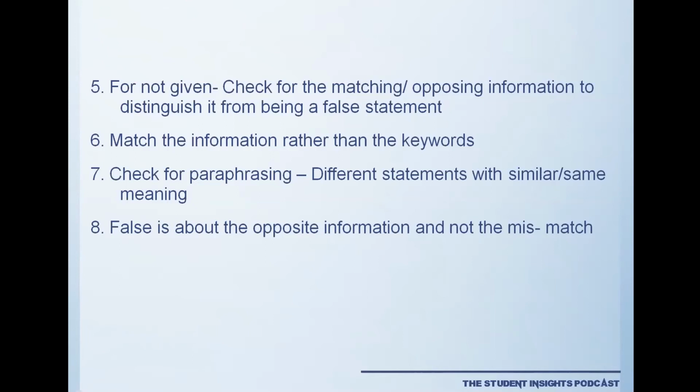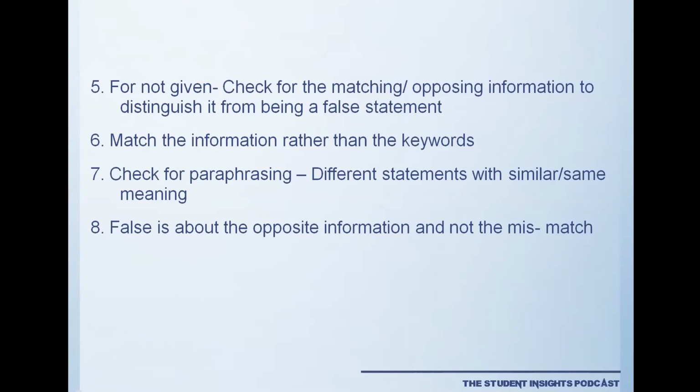So as the fifth one says, for the not given, check the matching or the opposing information to distinguish it from being a false statement. Sixth is match the information rather than the keywords. Again, they would kind of try to confuse you by using the same keywords, but then the central idea or the information is totally different from the one present in the passage.